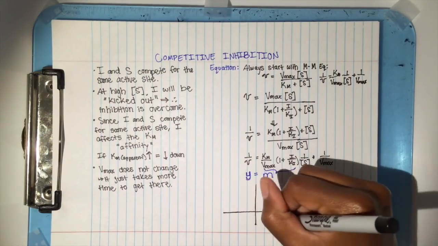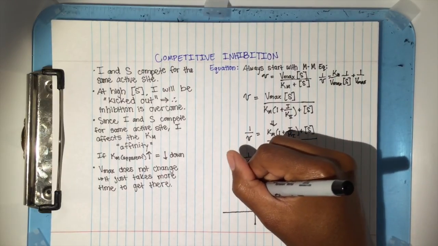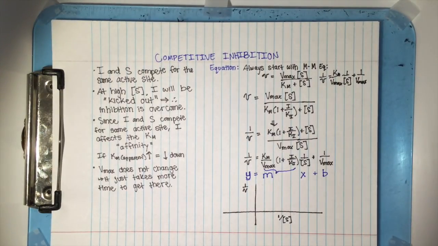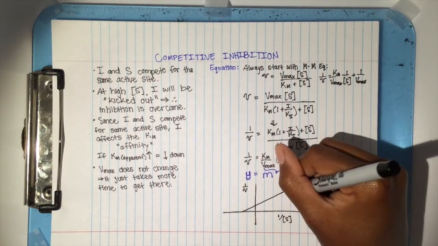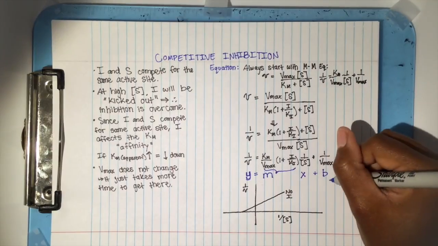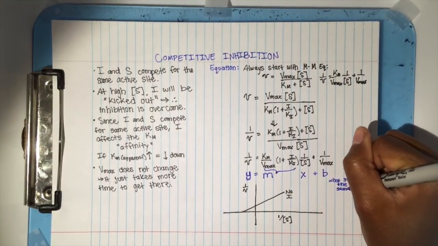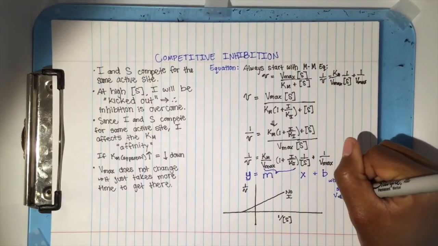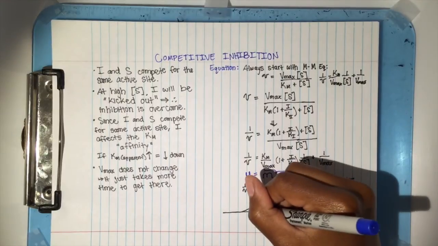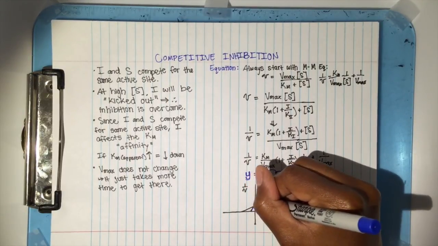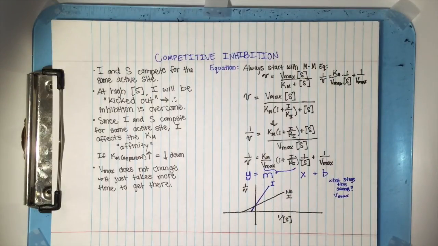And we have on the x-axis 1 over substrate, and on the y-axis 1 over V. And we're going to add in our line in which we have no inhibitor present. If competitive inhibition, what stays the same? The answer is Vmax. So when we draw in our line with the inhibitor, we know that it will cross through the y-axis at the same 1 over Vmax.